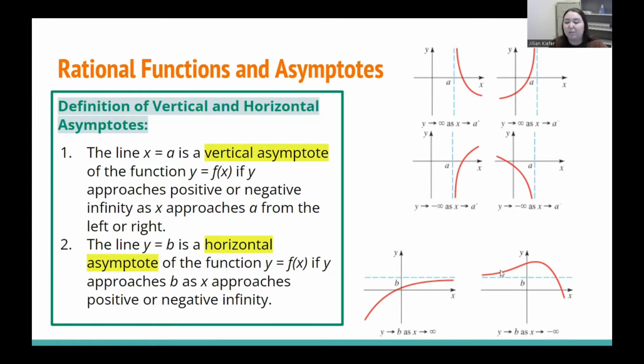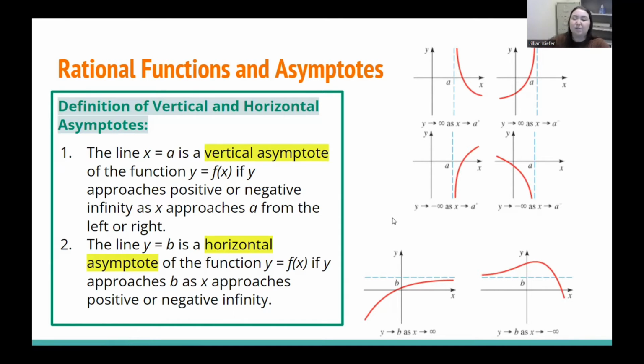It's going to describe what our function is doing towards positive or negative infinity, not anywhere in the center or anywhere on the side where it's not defined or anything like that. So horizontal asymptotes are asymptotes that exist side to side. We're saying as x approaches positive or negative infinity. This is end behavior of your function.